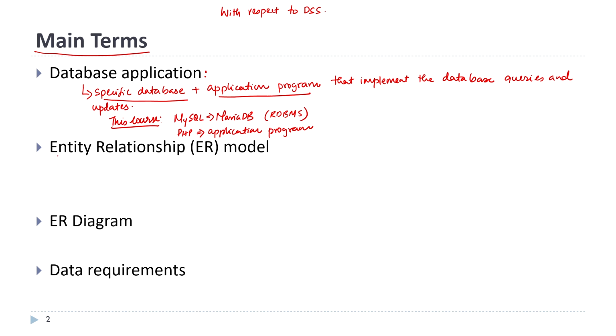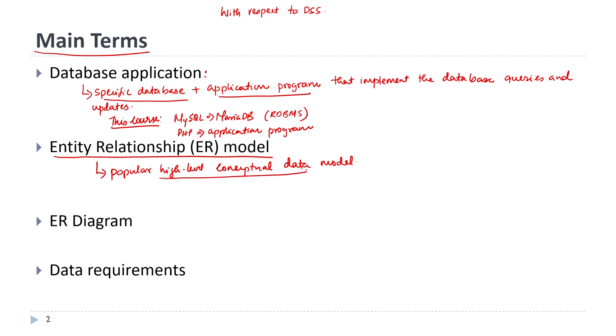Then comes the second one, called the entity relationship model, ER model. Okay, the popular high level conceptual data model. We already saw what a conceptual model is, and it's a high level conceptual data model. We will use this because it's extensively used by DSS designers.